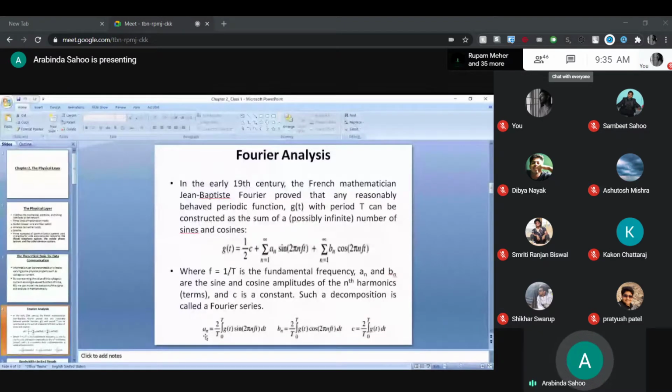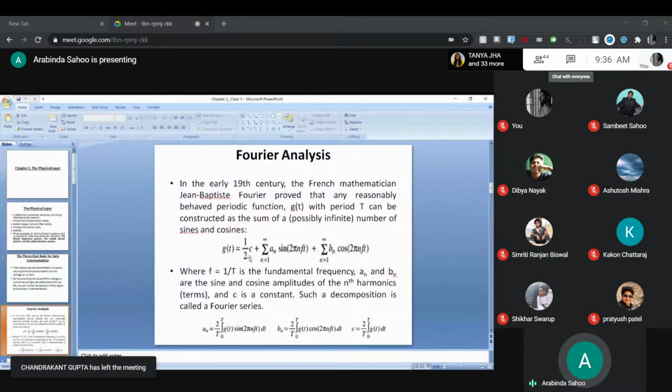So write down an is equal to 2 by t, where this t is your fundamental period, as you know. Integration from 0 to t gt sine 2 pi n ft dt. And bn is equal to 2 by t integration from 0 to t gt cos 2 pi n ft dt.